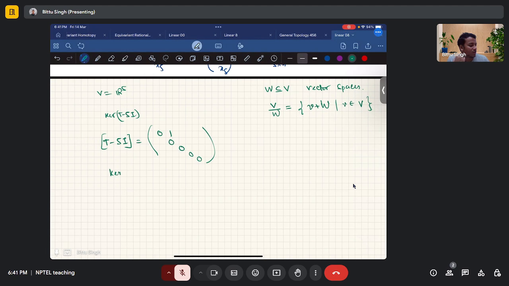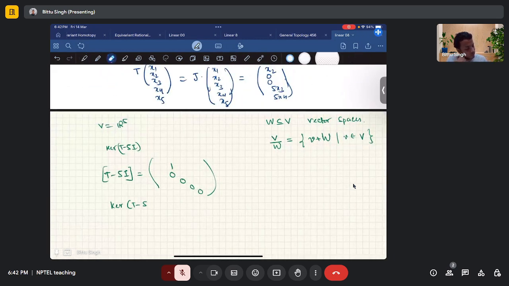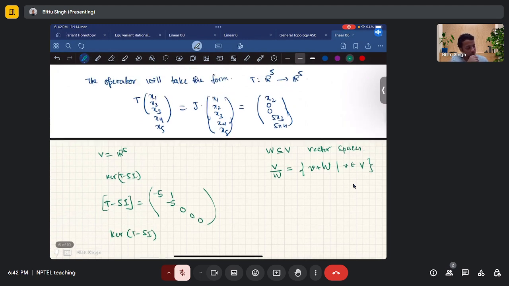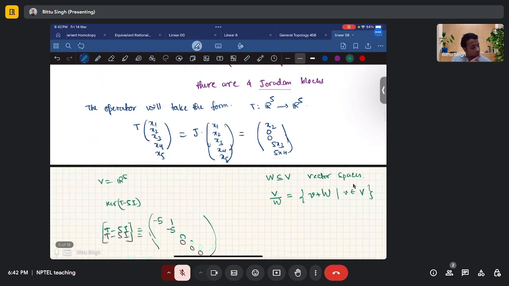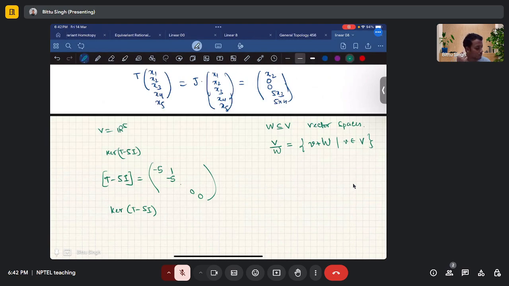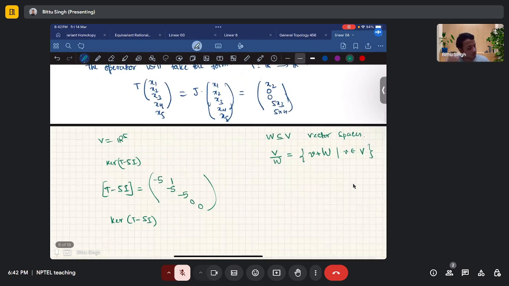Okay, so kernel of T minus 5I is actually 5 dimensional, right? Oh, sorry, we need to subtract 5 from the diagonal, so there will be minus 5, minus 5. So this is actually 3 dimensional, and we also can see from here. Sorry, there is another minus 5. Just subtract from this J. This is the same as J minus 5.